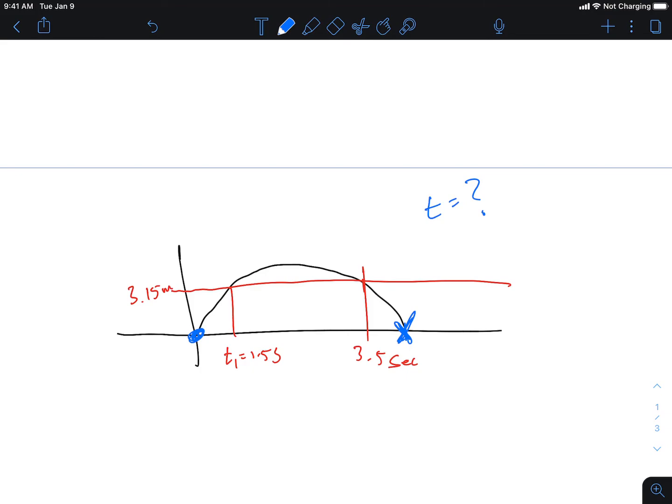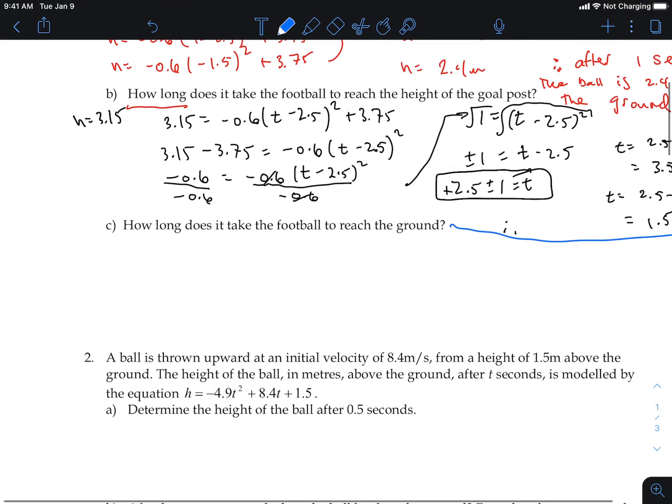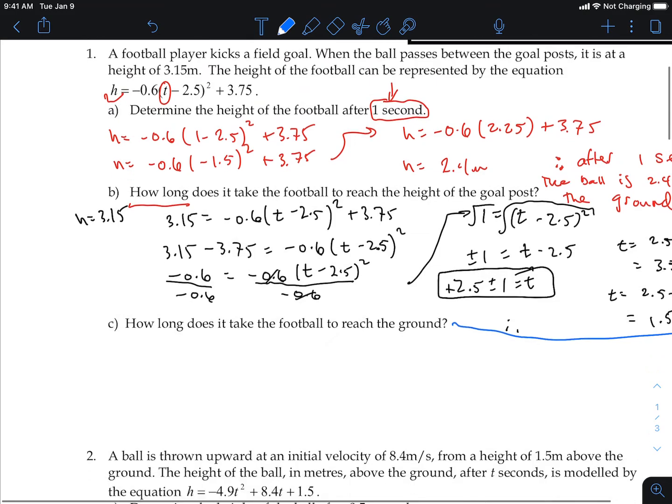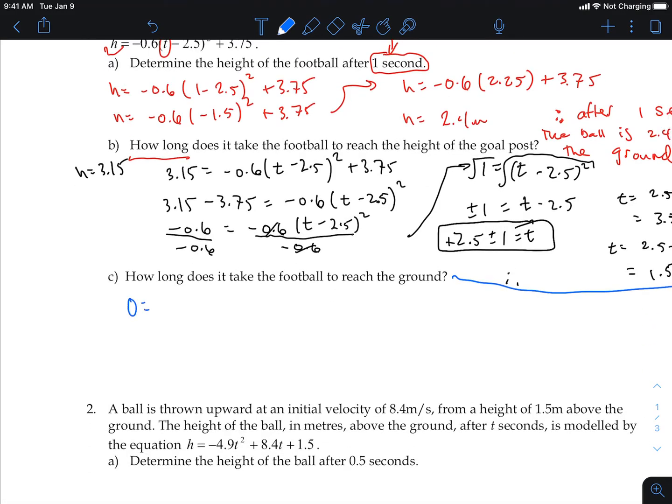Right? So if I make that substitution where h equals 0, I get 0 equals the equation, -0.6 times (t minus 2.5) squared plus 3.75. Sorry, I'm going off of something here. If I make a mistake, tell me. Just solve for t again.